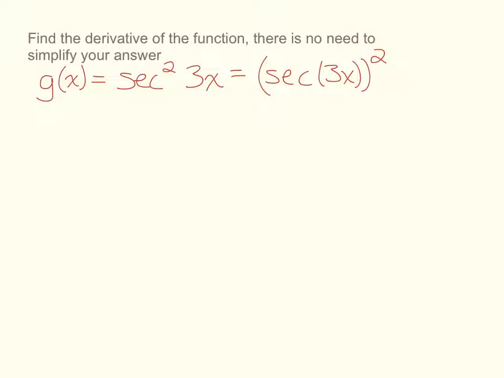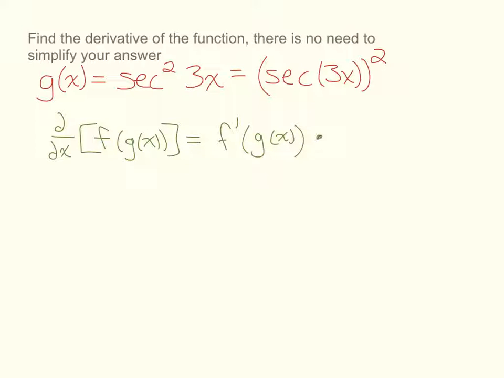Recall that the chain rule states if you're trying to take the derivative of a composition of functions, that is, if you have an inside and an outside function, then we will first take the derivative of the outside function and leave the inside function alone inside, and then we will multiply that by the derivative of the inside function.